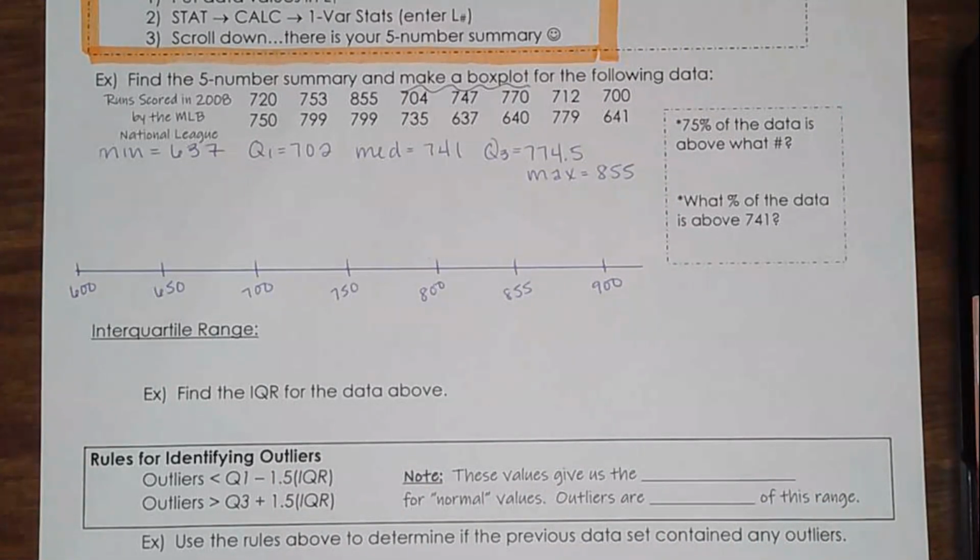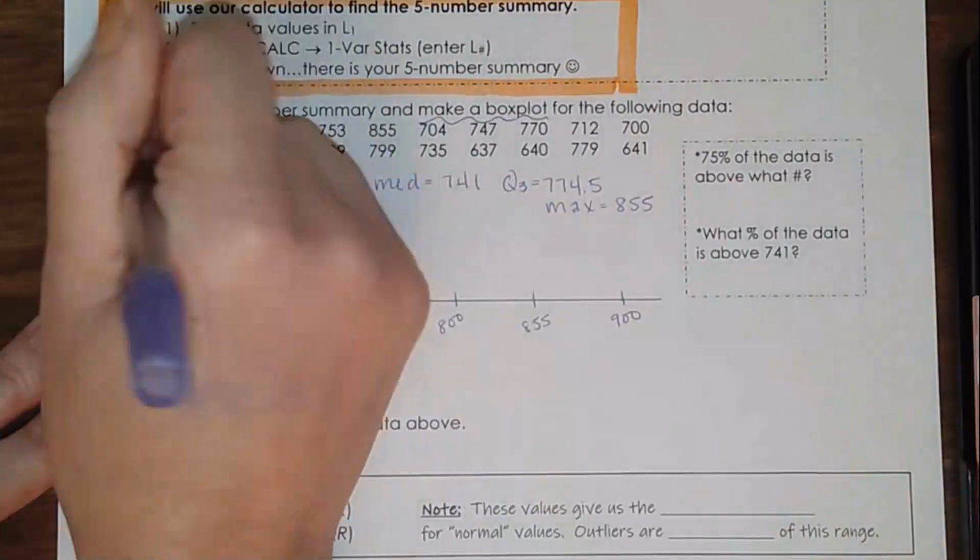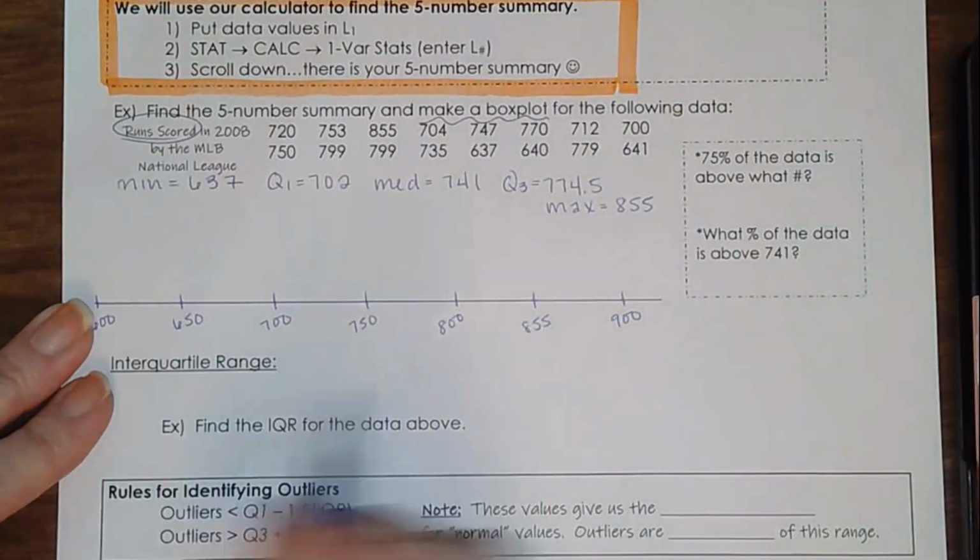So what do these numbers represent? These are runs scored, okay? So I'm gonna label this number line runs scored.